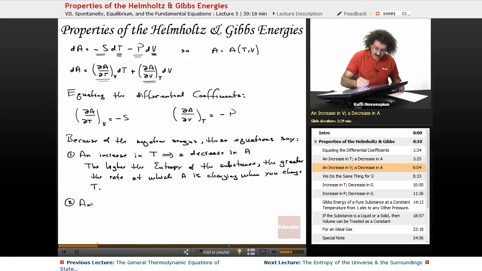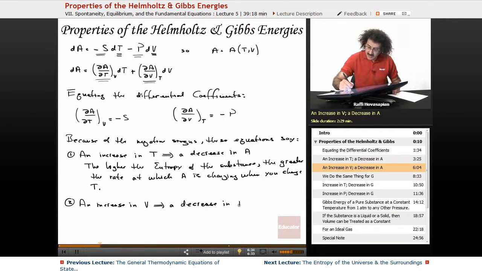Now, the second one says exactly what you think, based on what we did for the first one. An increase in the volume implies a decrease in the Helmholtz energy. So an increase in V implies a decrease in A. I just have to make sure that I'm keeping all of my variables clear here. I have T and I have V, okay, good.